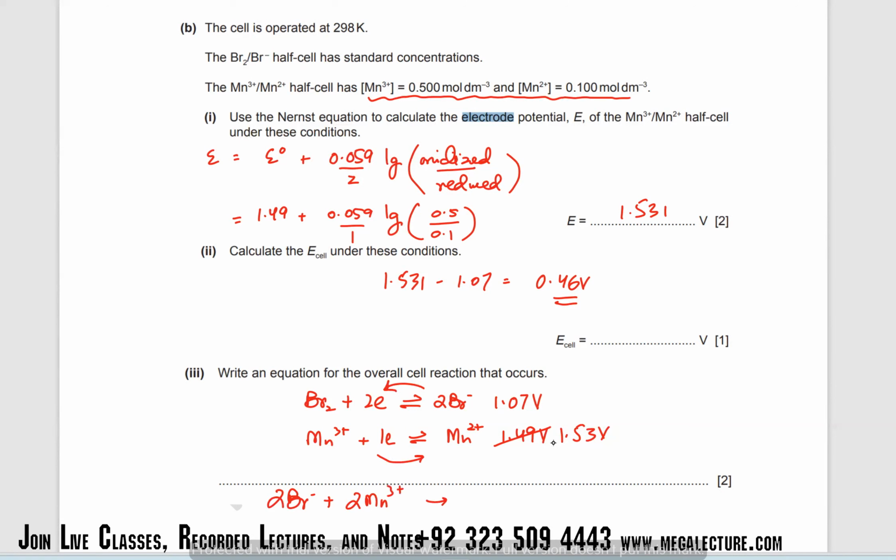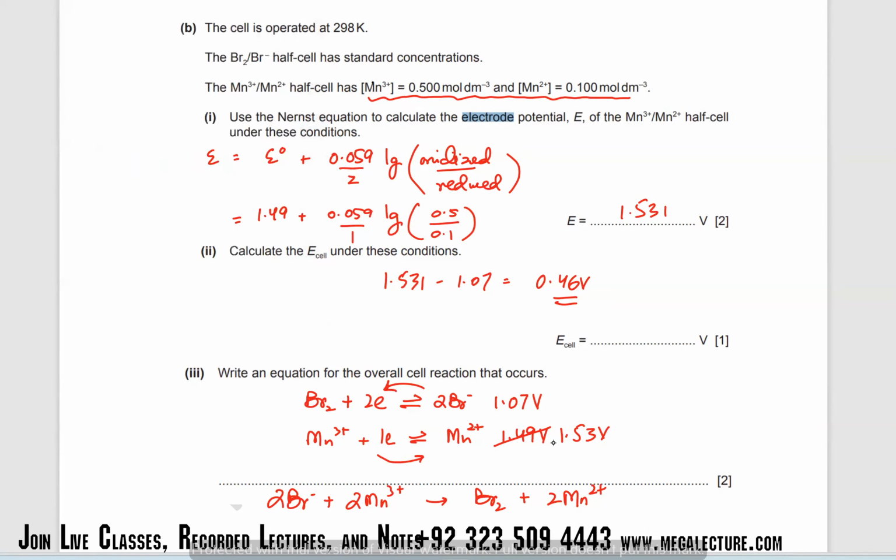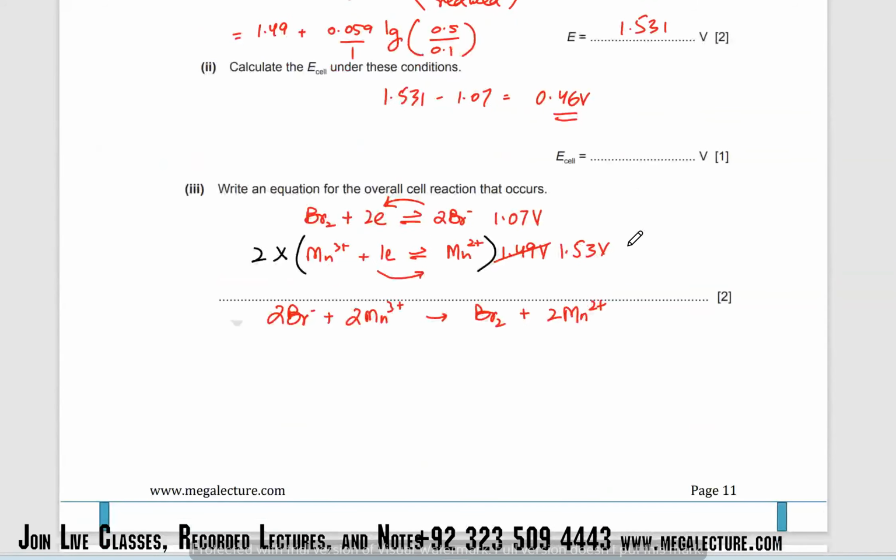Product here, first wale mein it's Br2. And what's the product in the second one? That's 2Mn2+. ठीक है, so remember कि जो नीचे वाली equation है, that's been multiplied by 2.